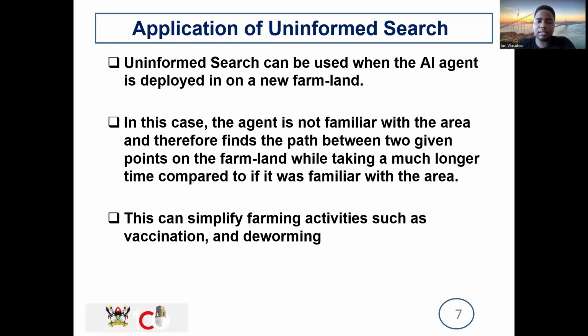So in this case, it's applied when the AI agent is deployed on a new farmland and it has been given a similar problem. The agent is not familiar with the area, and therefore it finds that the path between the two given points on a farmland takes much longer compared to if it were within the same area. However, this can simplify farming activities such as vaccination and deworming.